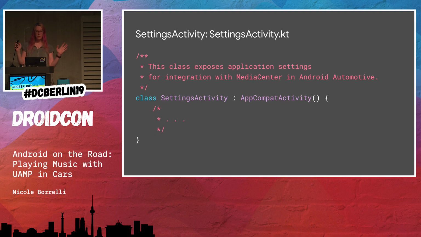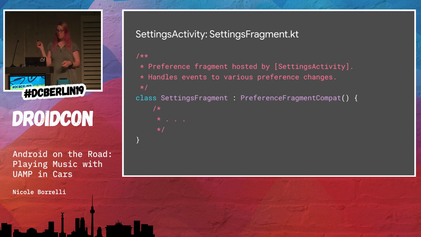And the activity itself is just an app compat activity, so you can use all of the traditional widgets and themes and that sort of thing that you would usually do. It's recommended to use dark theme for Automotive OS. And then I just created a preferences fragment to make it really simple.